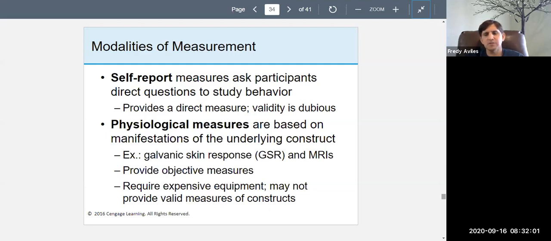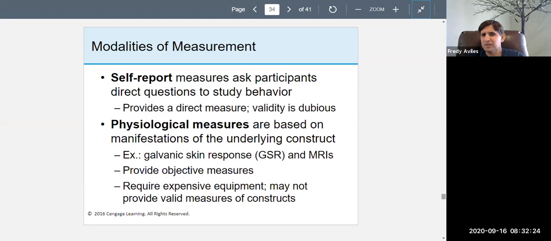There are cheaper things you can buy that can measure your blood pressure, for instance, maybe not more than $50, but there are also expensive ones that cost more. The cheaper ones probably don't measure things very well, and are not that accurate. So it requires buying expensive equipment, and they may not provide a valid measure of the construct.